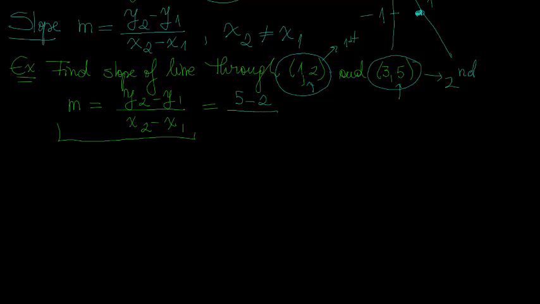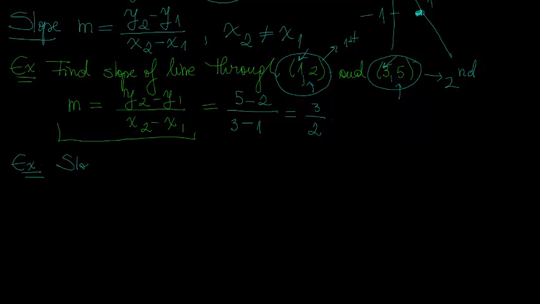And now the x2, which is 3, the x-coordinate of the second point, minus 1, the x-coordinate of the first point. So the difference gives me 3 over 2. This number represents the slope of my line. And again, based on our previous observation, this is an increasing line because it has positive slope.